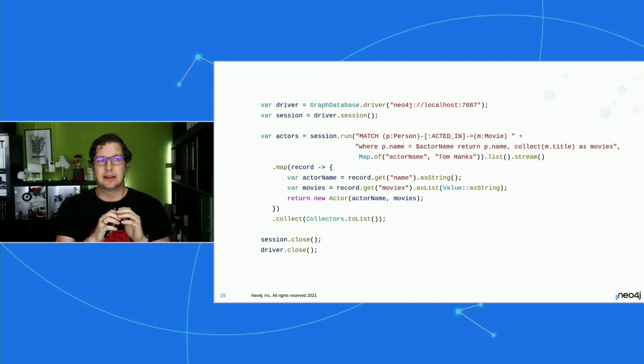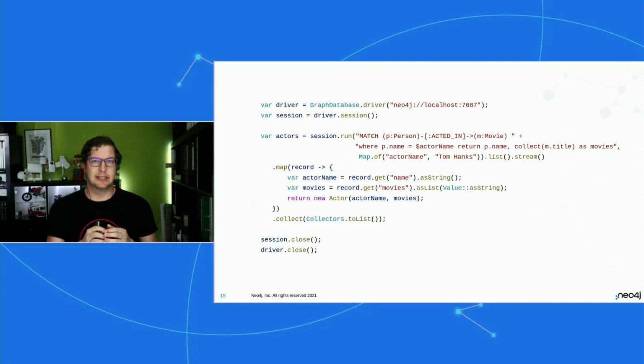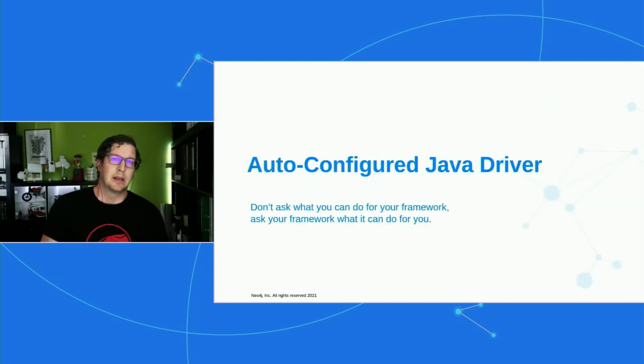But in modern applications, or at least in modern Java applications, most of the magic happens because you like to take advantage of frameworks, like, for example, Spring. So to cover this, we created more support, or at least helped those teams to have more support for the pure Java driver.